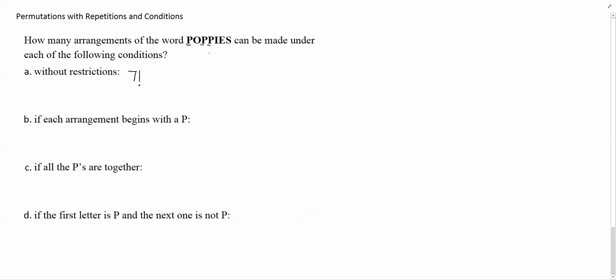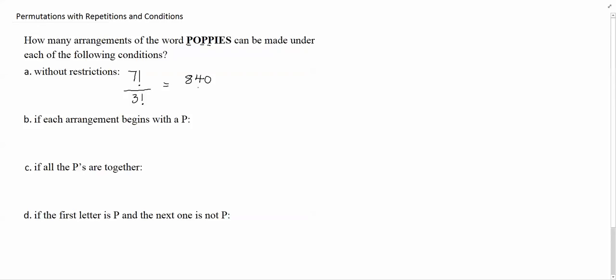The P is repeated 3 times, and so we divide by 3 factorial. So we take 7 factorial divided by 3 factorial, and we get 840. Again, that can be done either longhand or on the calculator.